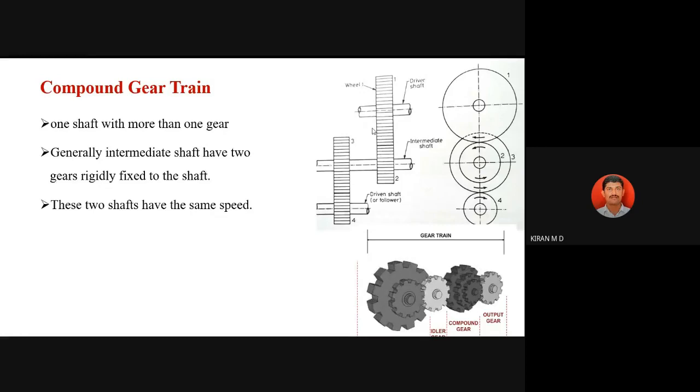We can reduce or increase the speed more. So that is the reason for using the compound gear, to achieve a higher velocity ratio within a specific or smaller distance. Is it clear?